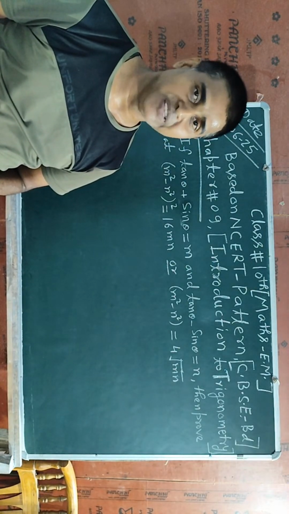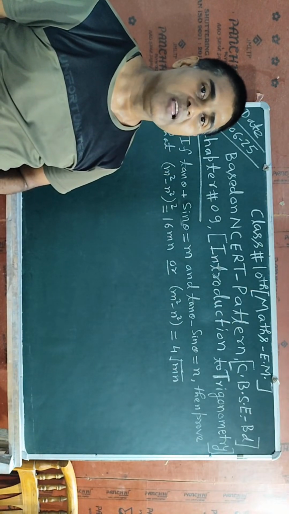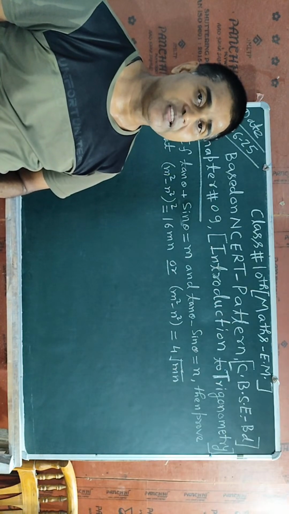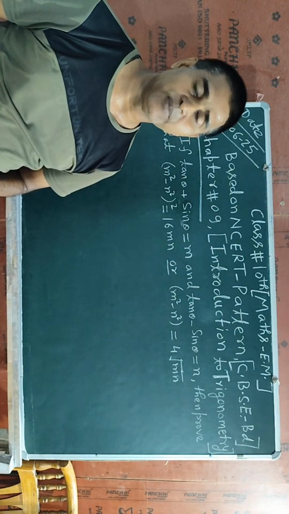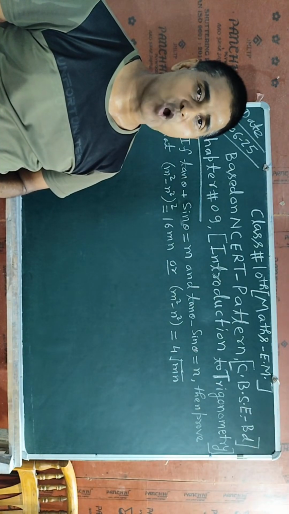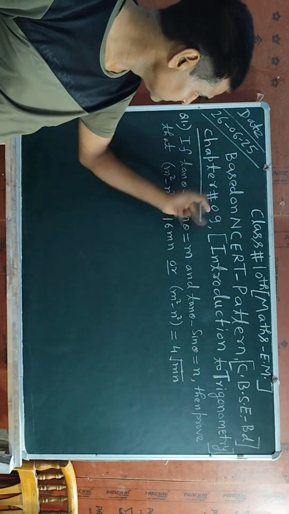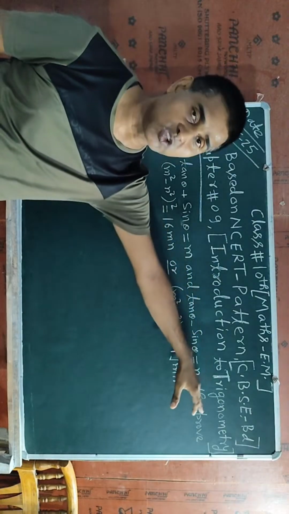If you have missed a chapter, go to my video section and read each and every topic in detail, because I have already explained each topic and solved some numericals there. This chapter is number 9, Introduction to Trigonometry.